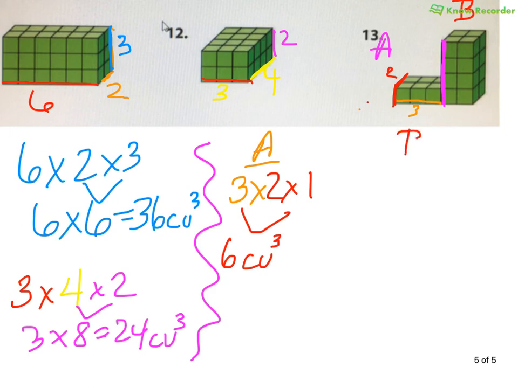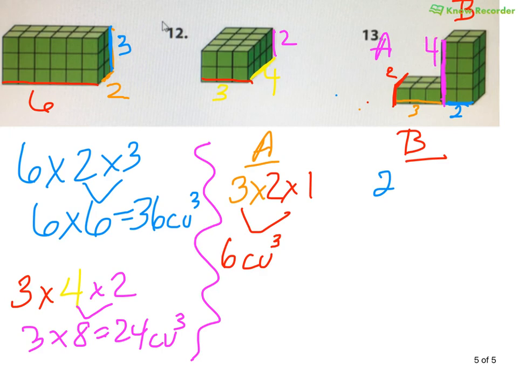Now I'm going to move on to B. By the way, this is called combining volumes because we're literally combining two different volumes. My length now is 2. My height, oh, why are you doing it out of order? It's already here. Pinkish, magenta, purple? I don't know.